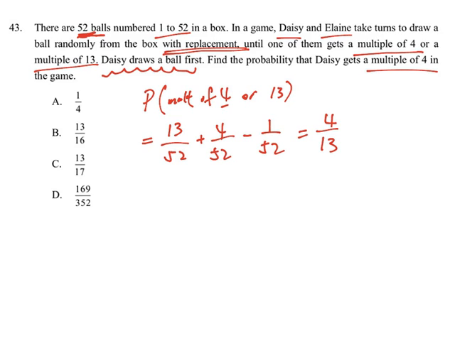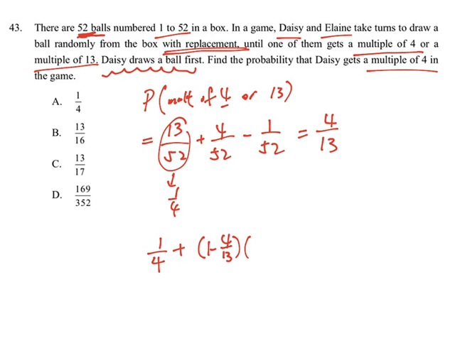Now we will see the sequence. Daisy draws first, and the probability she gets a multiple of 4 is 13 over 52, that means 1 over 4. Next, after Daisy draws, if she can't get a multiple of 4 or 13, that's 1 minus 4 over 13.